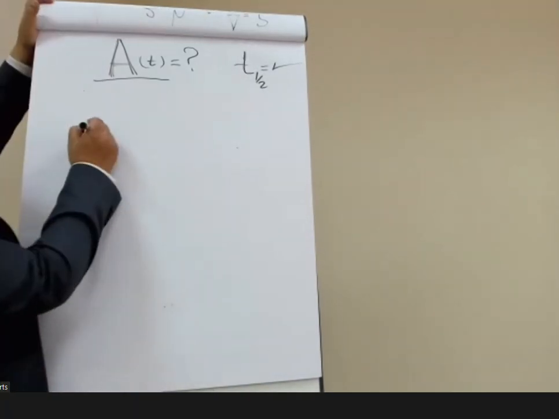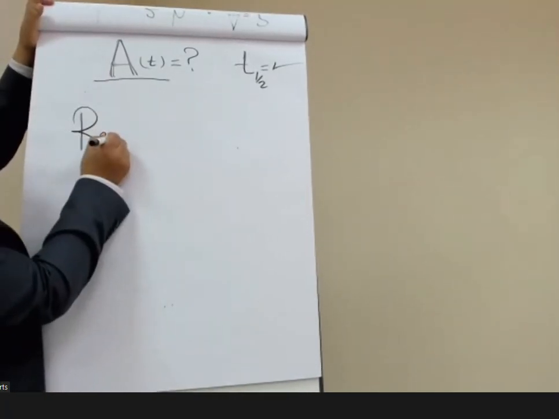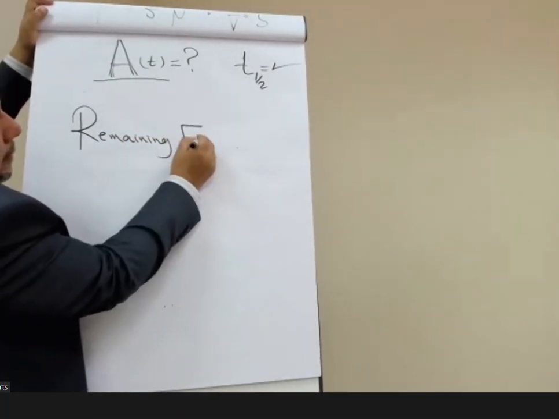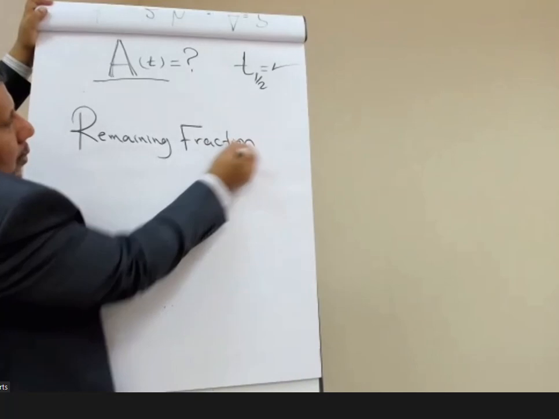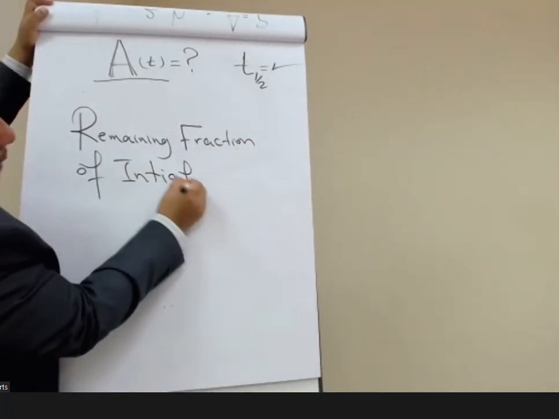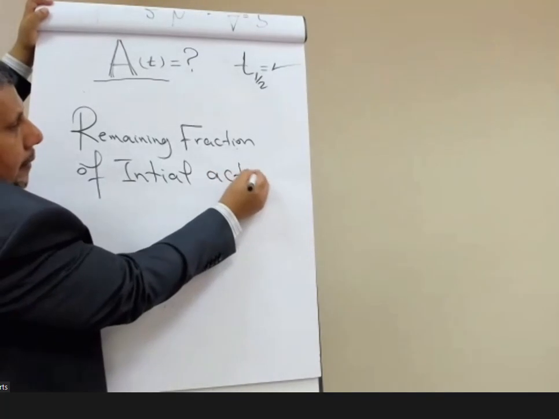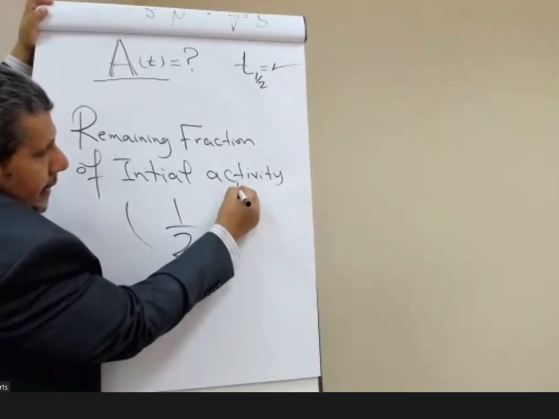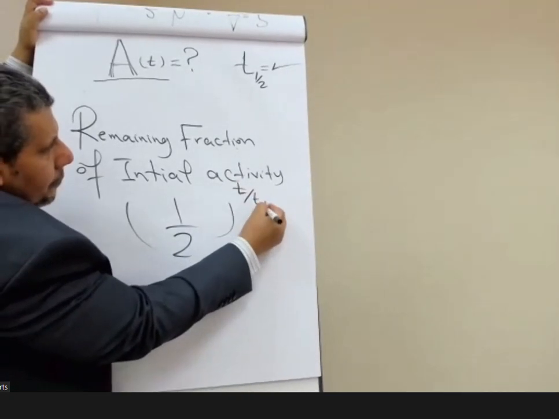You can calculate the remaining fraction of initial activity by this law, (1/2) to the power T over T half.